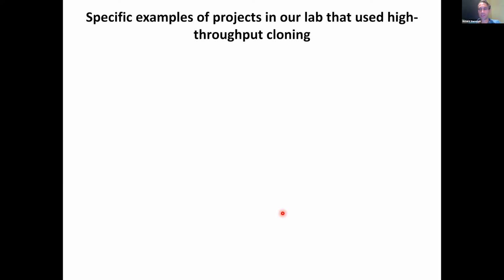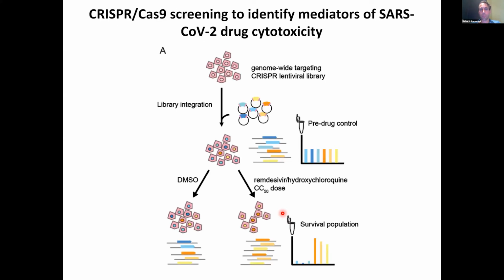All right. So again, these are just a few examples of projects that use cloning in our lab. One that's timely to the moment is a screen of genes that affect the toxicity of certain SARS-CoV-2 drugs. Specifically, we focused on 2 drugs, remdesivir and hydroxychloroquine, since they're very commonly used now in patients.